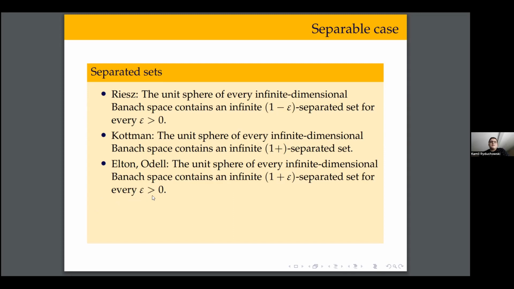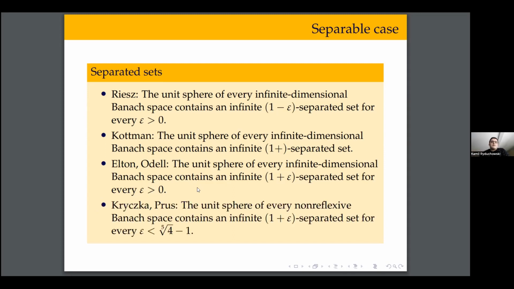This epsilon depends on the Banach space X. Although there is a result by Kania and Kochanek that for non-reflexive infinite dimensional Banach spaces, those epsilon can be chosen uniformly. It may be any number smaller than this number.